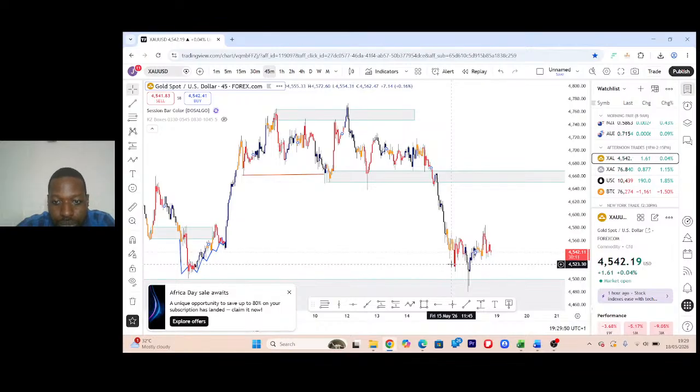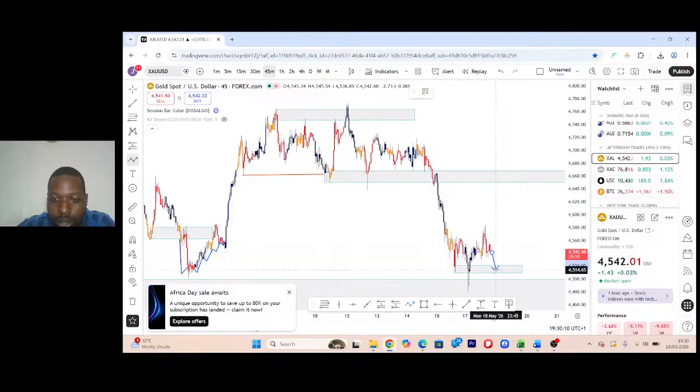If we were to enter, we're going to enter when price comes to this level here. When price comes to this level, then you can buy. But if price doesn't come to this, we'll wait for something like this.